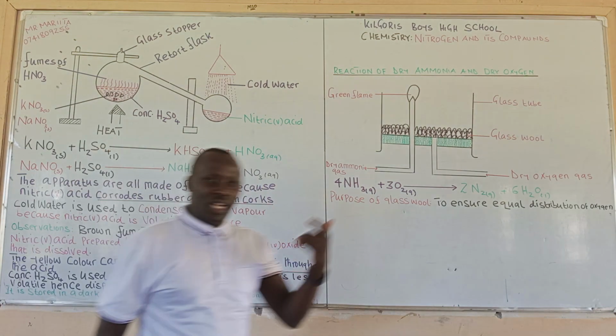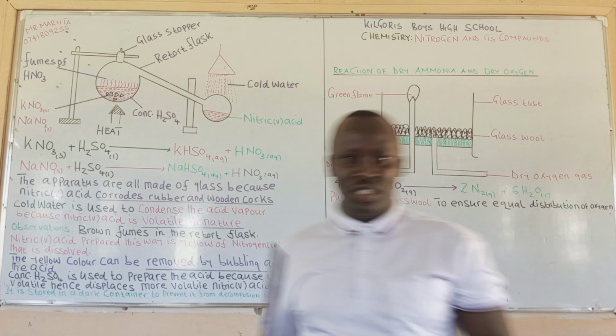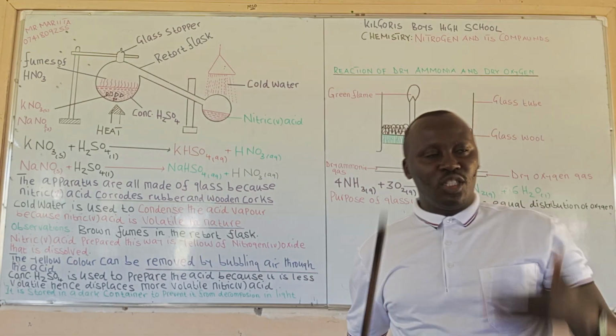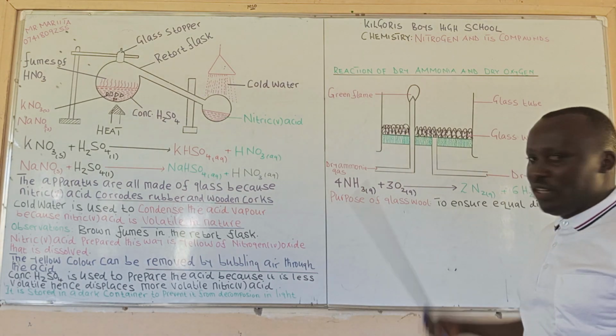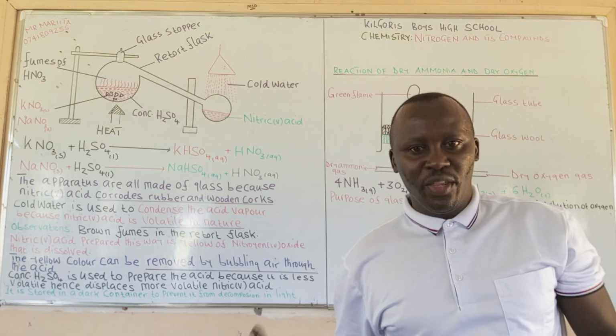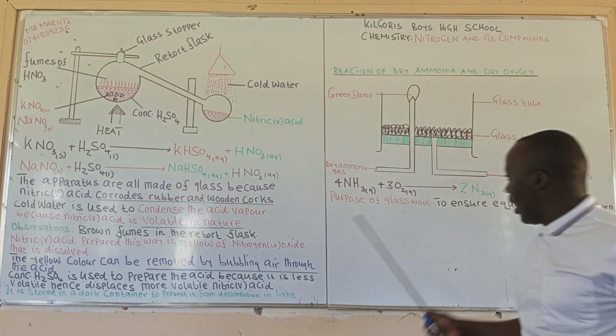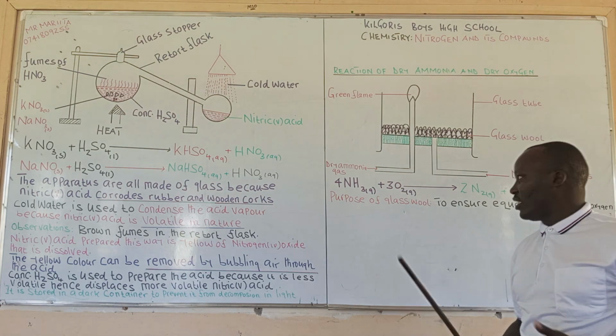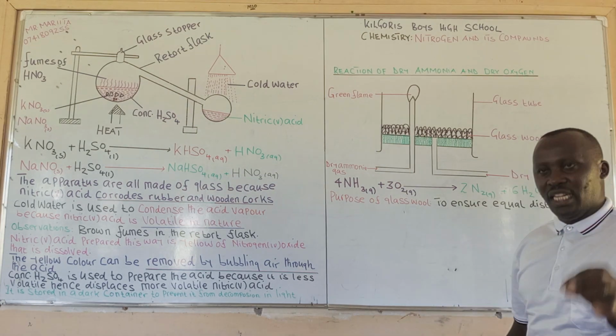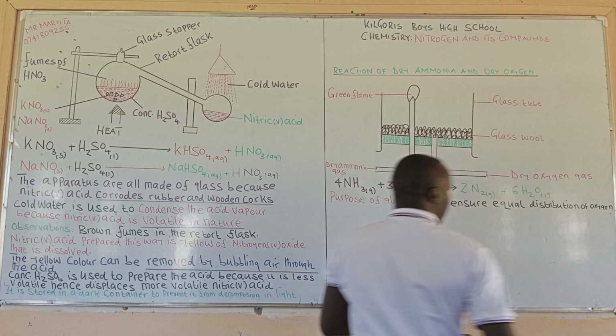What you need to understand in this reaction is that ammonia gas does not support burning. So it burns in a lot of air. In this case, it burns in excess air to produce a green flame. That is normally the observation you can see.